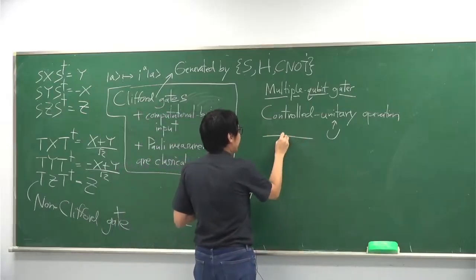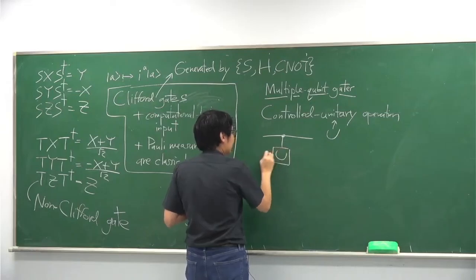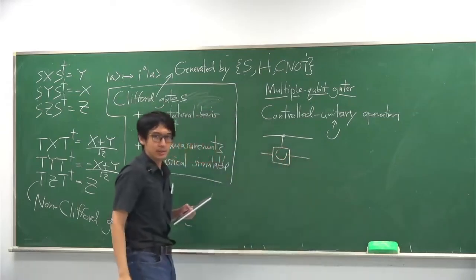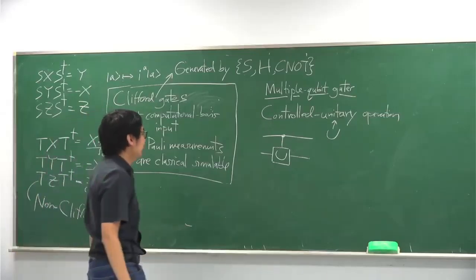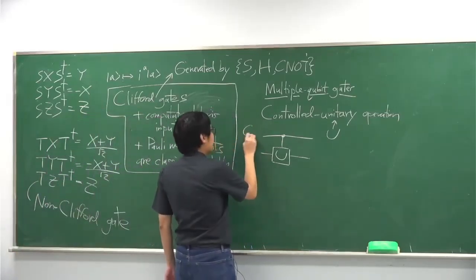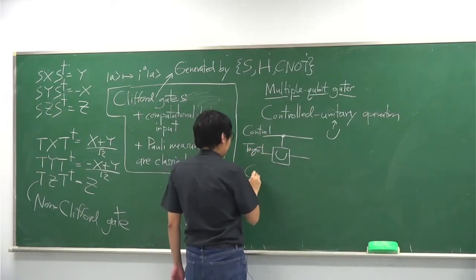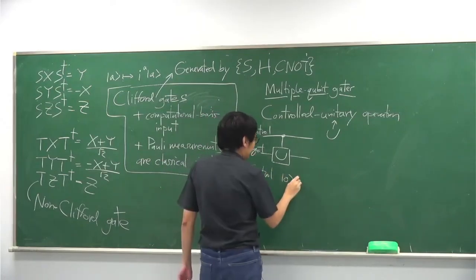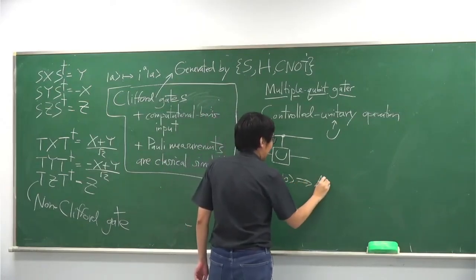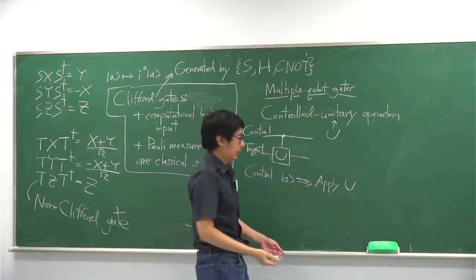And in the circuits, we have this graphical representation. Here it means that if the control qubit is in the state 1, then I apply U to the target qubit.